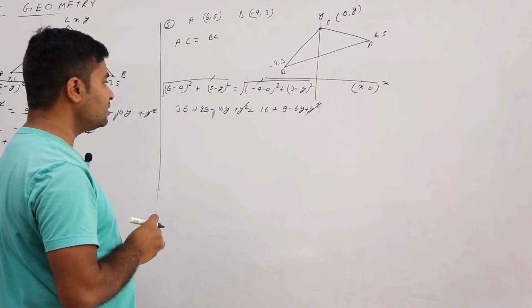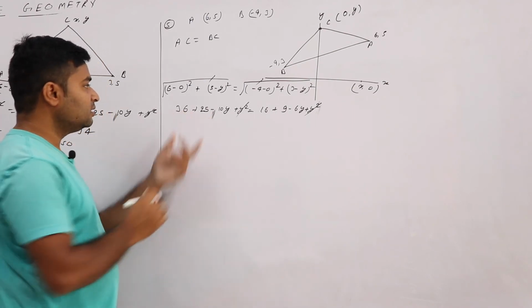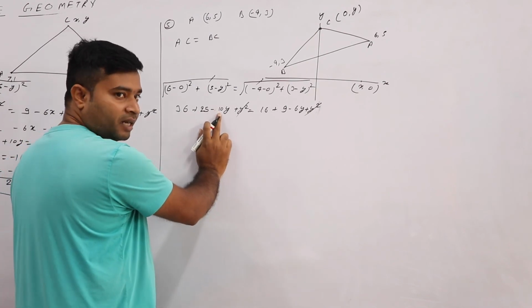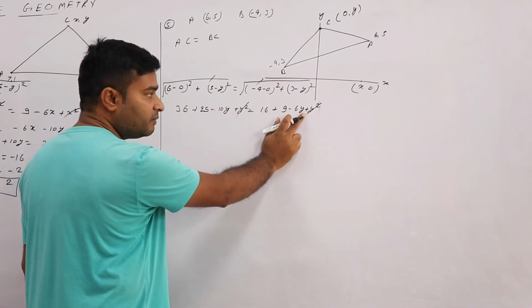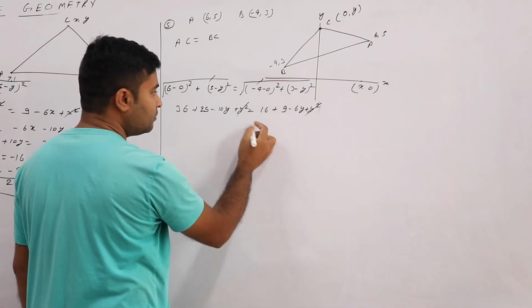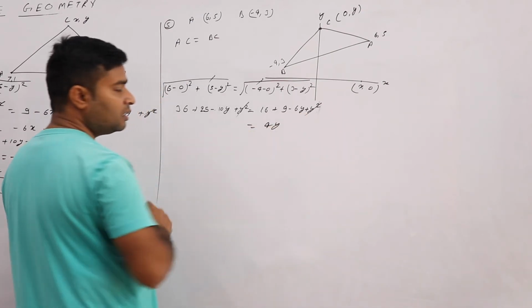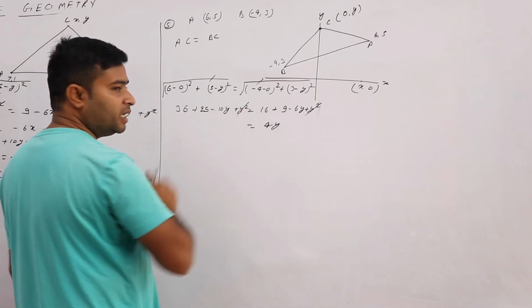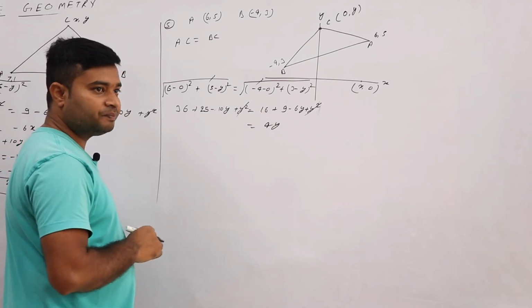The y square cancels. Now minus 10y, bring this side plus 6y, and this side becomes minus 4y. Now 16 plus 9 is 25.